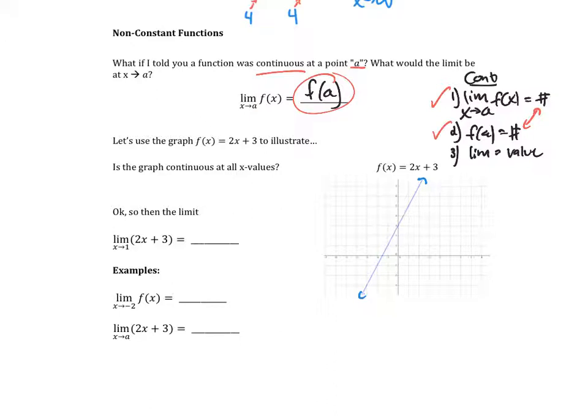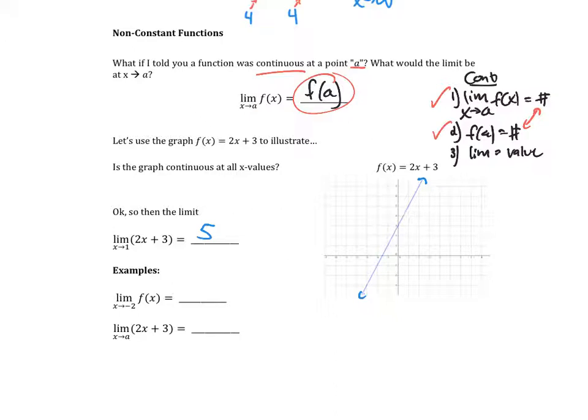Could you still figure it out without graphing it? Well, the first thing you would say is, is it continuous? Yes, the graph is continuous. But another thing you could do is say, if I plug in 1 and get a value, then that must be my limit number. So if I plug 1 into this function 2x plus 3, I get 5 as an answer. Thus my limit is 5.